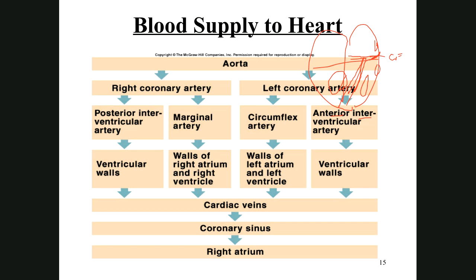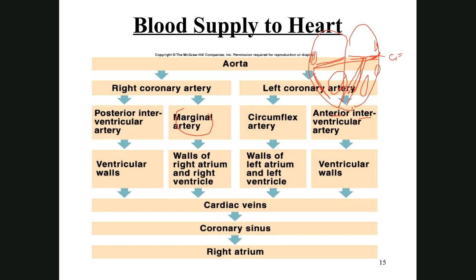And here's the right coronary artery. It branches into this one right here, known as the marginal artery, at the edge. The marginal artery is kind of like the circumflex, in that it serves the right ventricle, and also the right atrium up here a little bit.